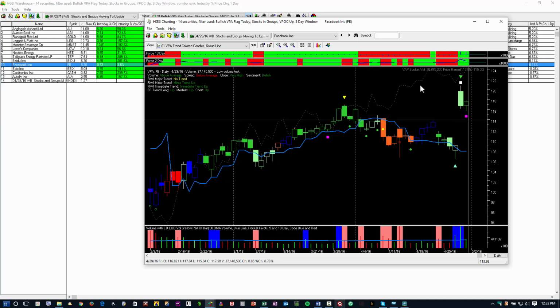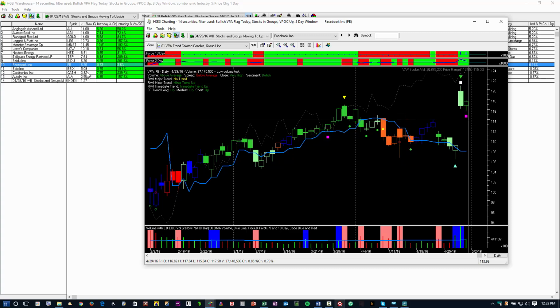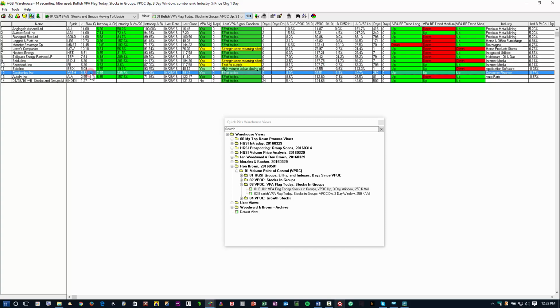Now, it's kind of tough to go out and buy this stock, but how about a month-long debit spread where you're not risking much money, and if it goes your way, you can make 100% on the amount risked. So I'm going to add this one to my group, and I may just do that on Monday. We'll see what the market's doing.